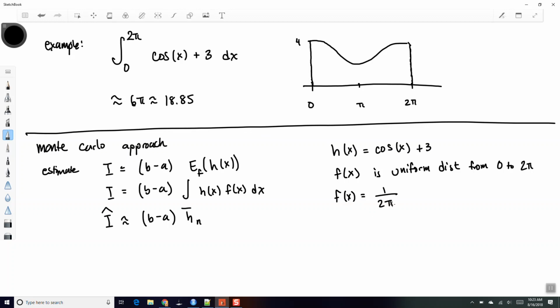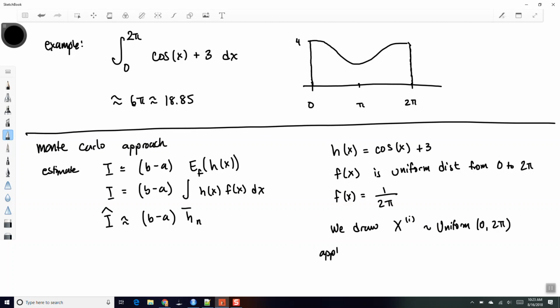So what we will do is we draw x sub i's from uniform 0 to 2 pi.